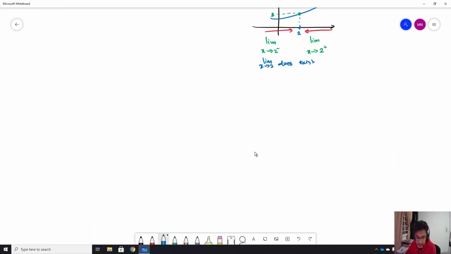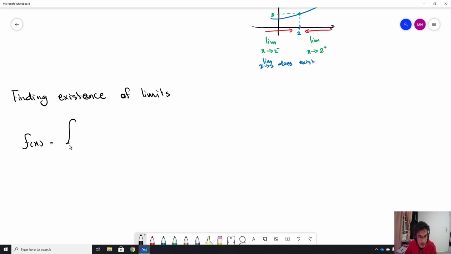Contoh lagi, kita try satu contoh soalan, iaitu finding existence of limits. So let's say we have function f(x) equal to a type of piecewise function: 3x plus 3 and x square plus 5.